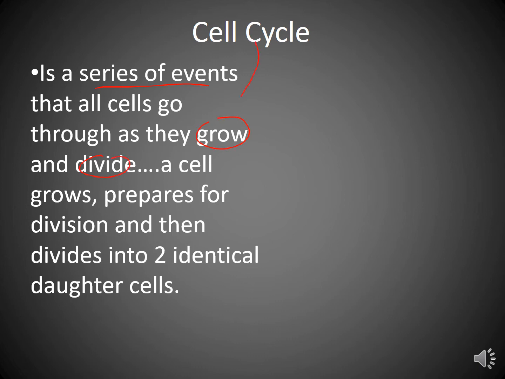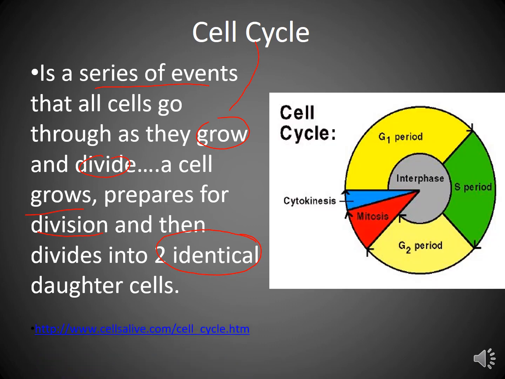A cell grows, then prepares for division, and then makes 2 identical daughter cells. So what we're actually going to do today is learn these phases: interphase, then mitosis, then cytokinesis.